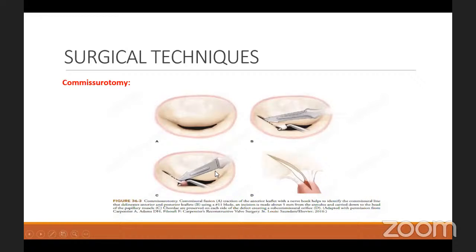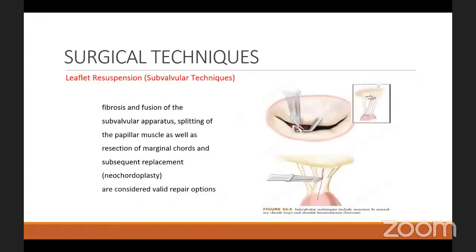And then the incision is extended to the papillary muscles with preservation of the chordae on either side. And we have another technique, the leaflet resuspension, for the fibrosis and the fusion of the subvalvular apparatus. So what we'll do is splitting of the papillary muscle, as well as resection of the marginal chordae and replacement with new chordae.